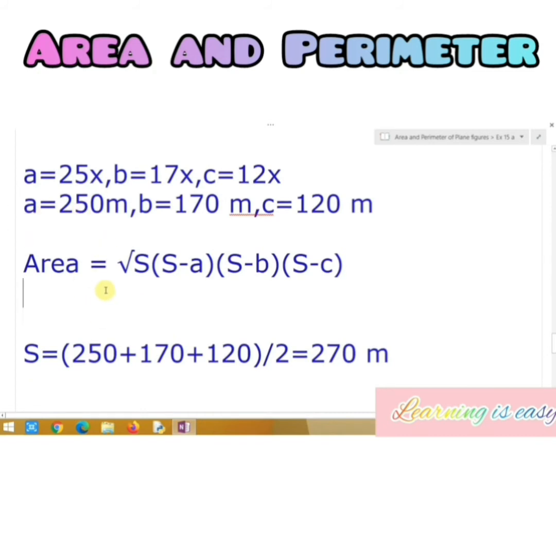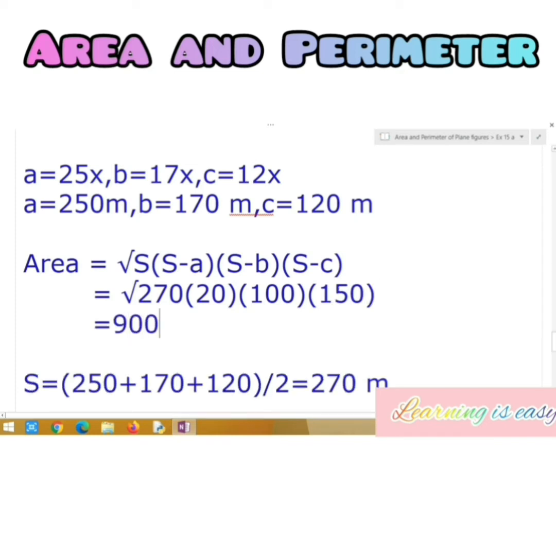So by substituting the same in the Heron's formula, we can get the area of the given triangular field. So 270 into 270 minus 250, that's 20. 270 minus 170, that's 100. 270 minus 120, so that's 150. So by multiplying all and removing the square root, we get the area of the triangular field is 9,000 meters square. So this is the first part of it.